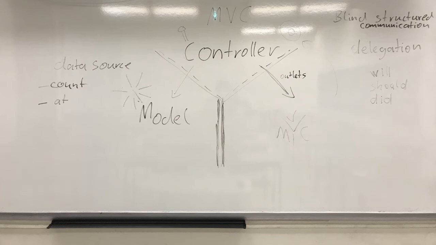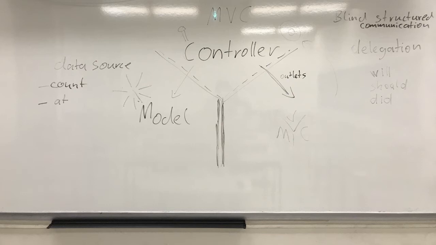But we don't want to do any logic inside the view. Let's say someone wants to scroll the view, and we want to change the color of the view. Silly example, but let's say someone scrolls down, we want to change it red. Someone scrolls up, we want to change it green. We don't want to have that logic inside the view, like, oh, if you're scrolling down, make the view red.